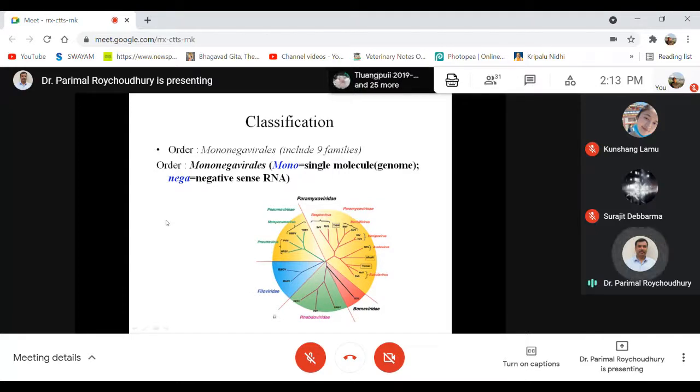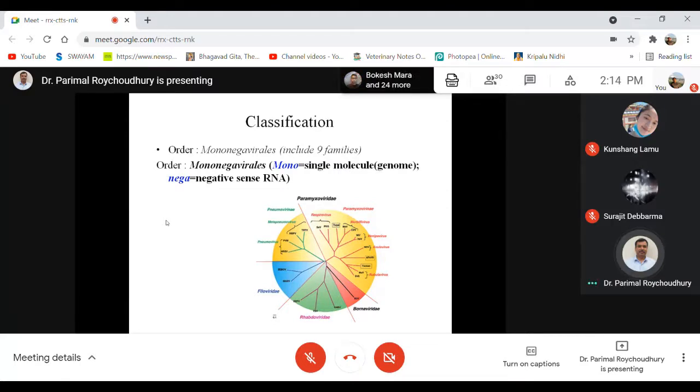This group of viruses is categorized in the order Mononegavirales. Mono means single, having a single non-segmented strand. In the previous class we discussed Reo as well as Bi-RNA viruses, examples of segmented, double-stranded viruses. Here nega means negative sense.